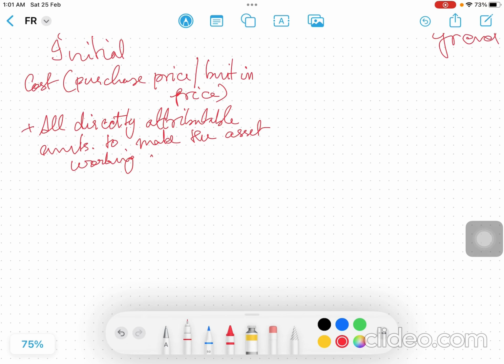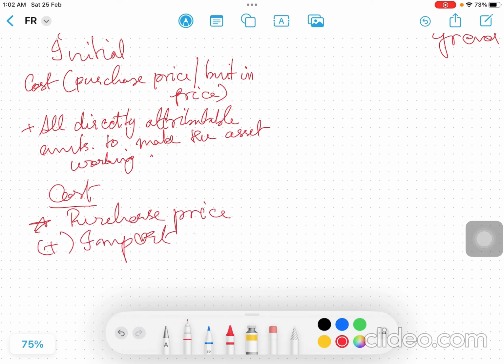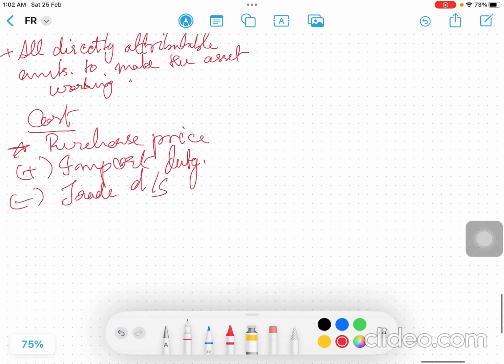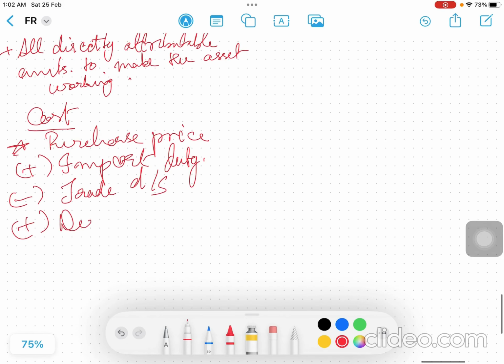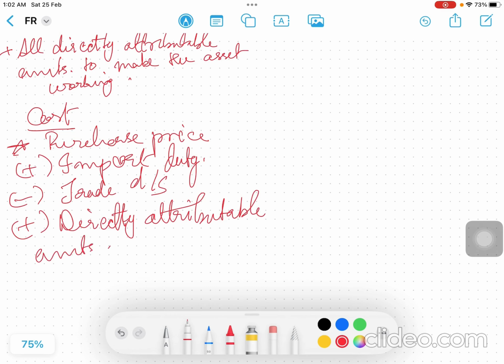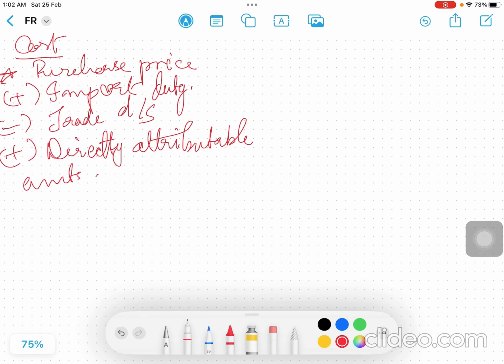If you consider the purchase price, then the cost is going to be the purchase price plus the import duty if you have any, minus trade discounts if you have got any, and plus the directly attributable amounts, and lastly the dismantling cost.